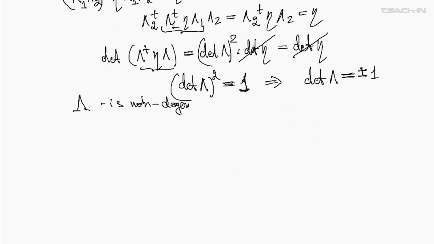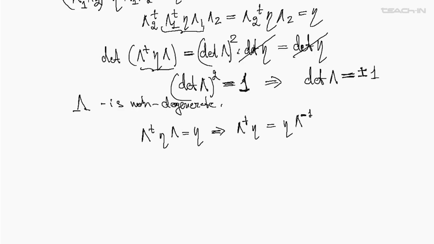An inverse is actually easy to find from the defining relation of the Lorentz transformations. You see, if I here multiply this relation by lambda -1, the inverse matrix of lambda, from the right, then I will get lambda transpose eta is equal to eta lambda -1. But then I multiply this relation by eta from the left.